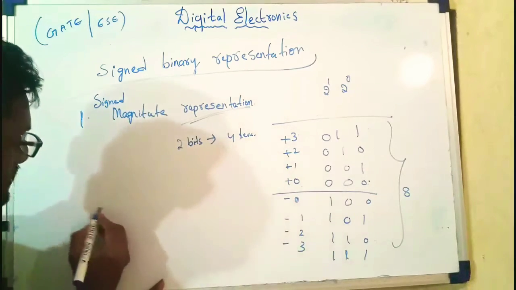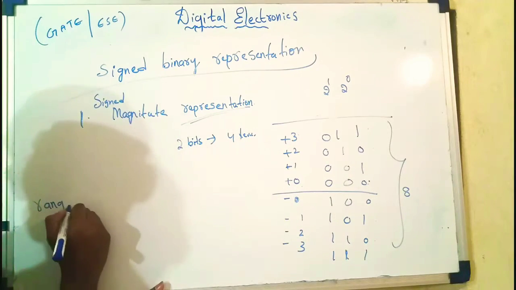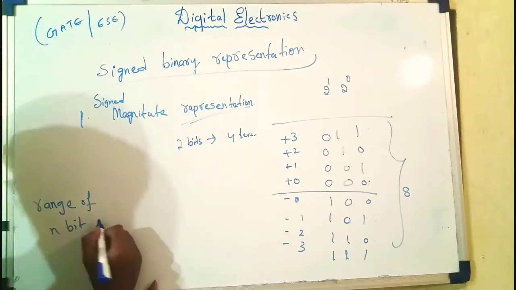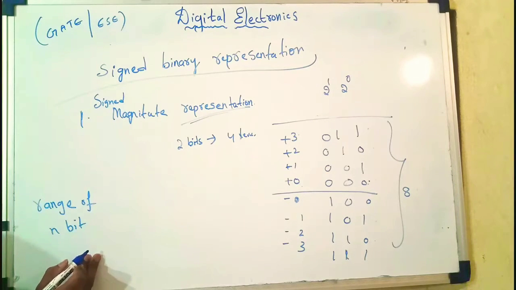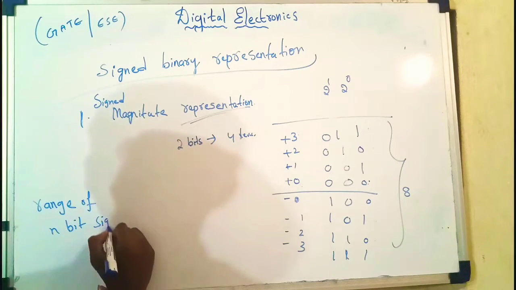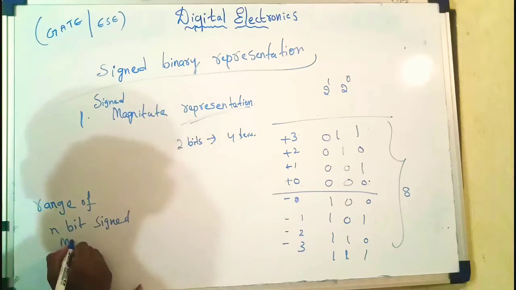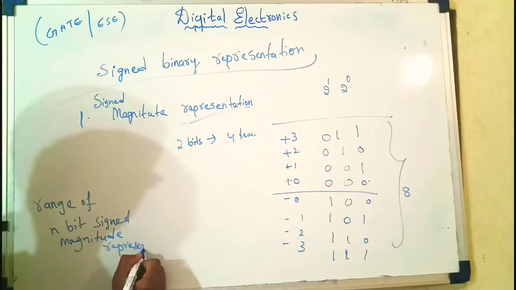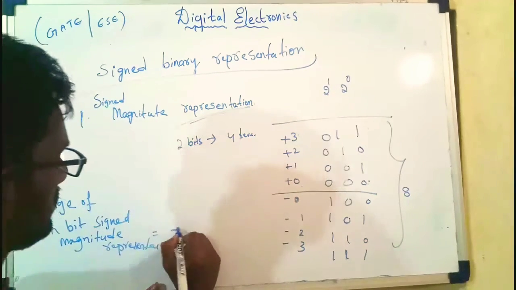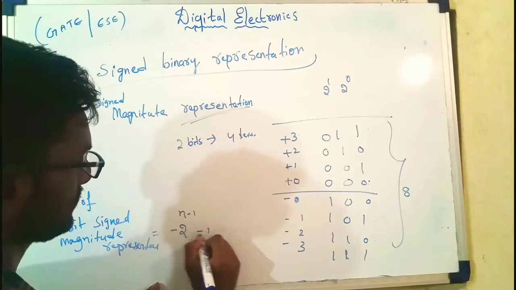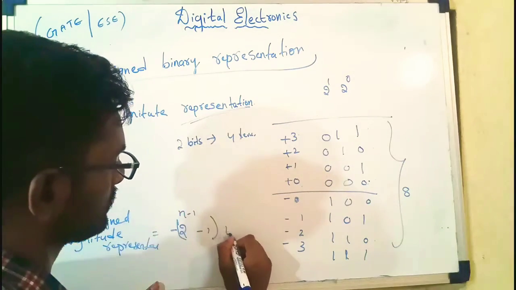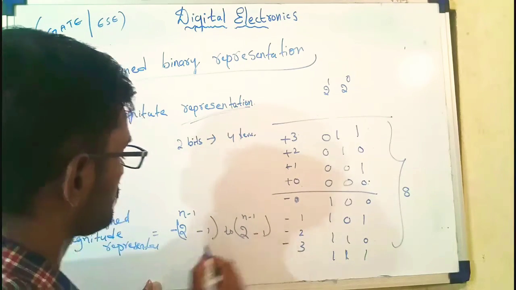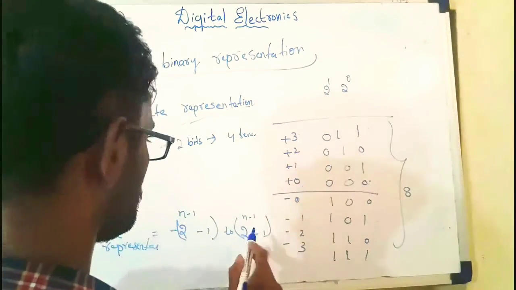We can generalize it as the range of n-bit sign magnitude representation equal to minus 2 power n minus 1 minus 1 to 2 power n minus 1 minus 1. These are for minus values, and these are for plus values.